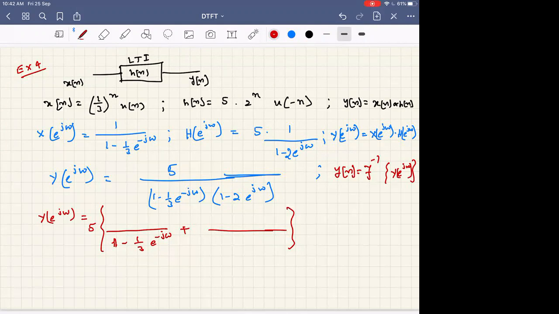Here, assume that we want to get e power minus j omega in both terms. So I will multiply with e power minus j omega on the top, as well as here e power minus j omega minus 2. For the second term, I multiply the numerator and denominator with e power minus j omega.